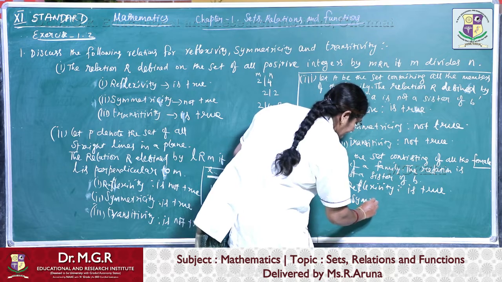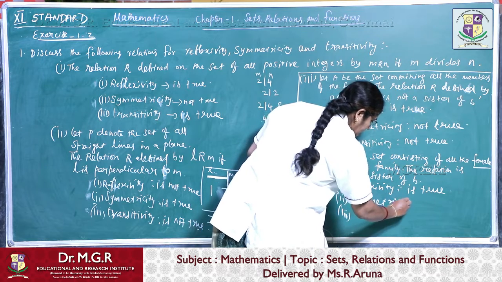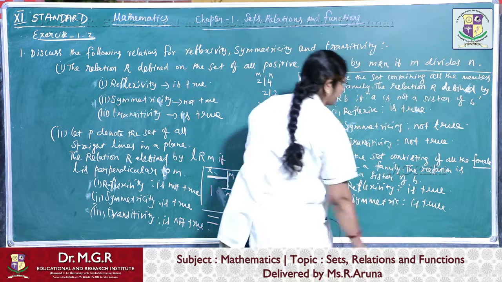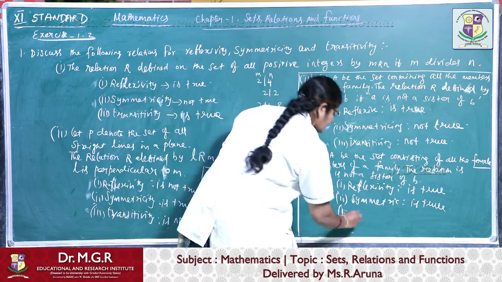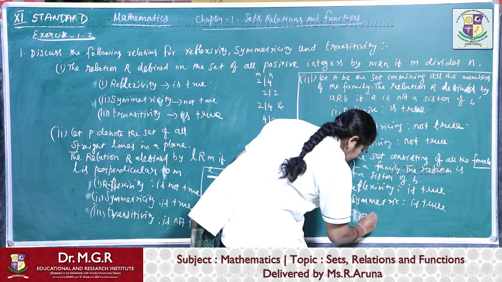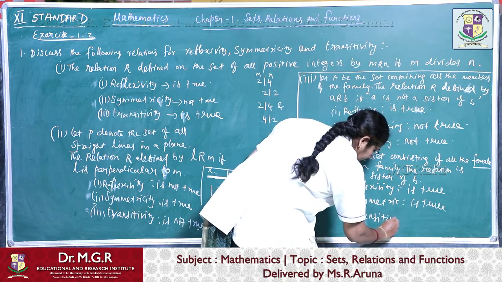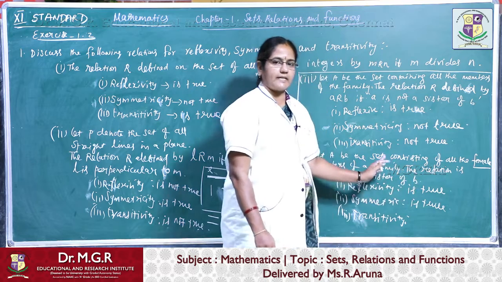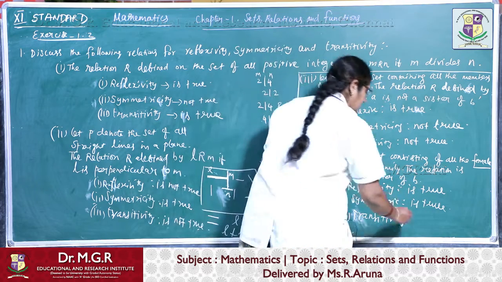That is symmetric. Let us go for transitivity. Transitivity is what? If A is not a sister of B, B is not a sister of C, it means A is not a sister of C. It is also true.